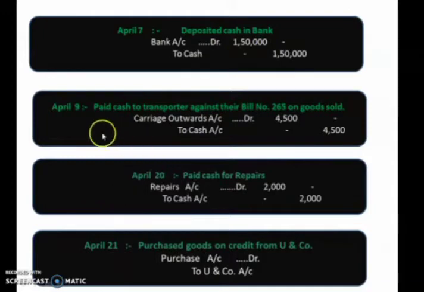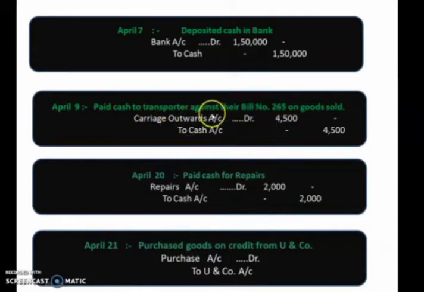Next, same way, April 9, paid cash to transporter against the bill number, this on goods sold. So you are paying cash, so cash goes out, isn't it? Here you have to see that it is goods sold, but the transaction is telling us that paid cash to transporter. So you have paid the transport expenses. So here you have to use the word carriage outwards. Whenever there is some expense related to transport, the wording you have to use is carriage outward.